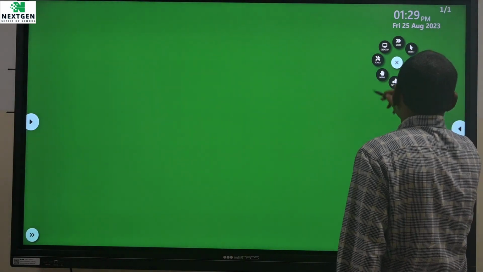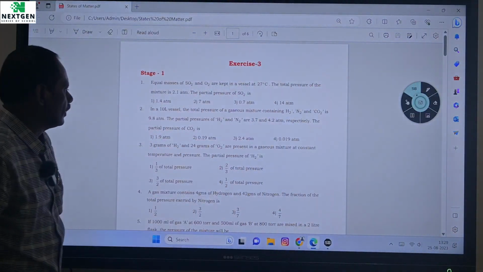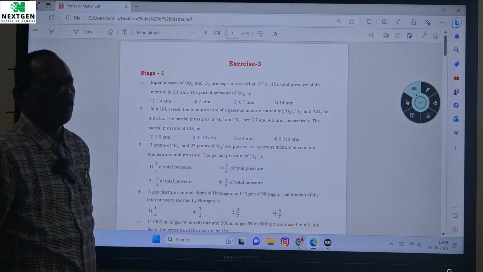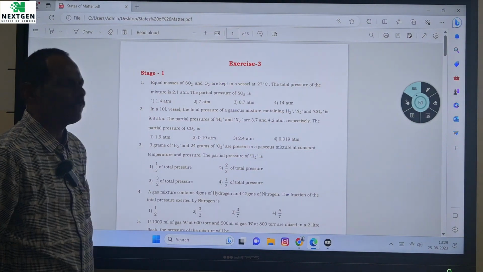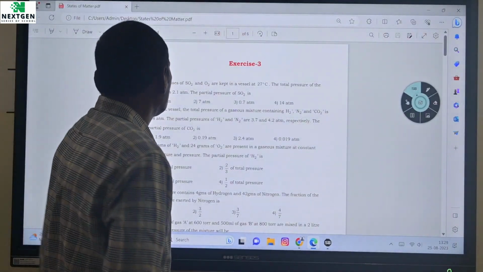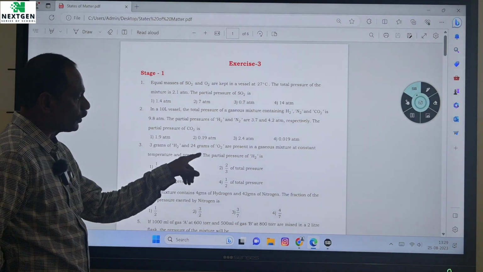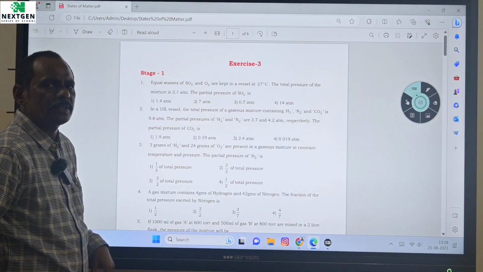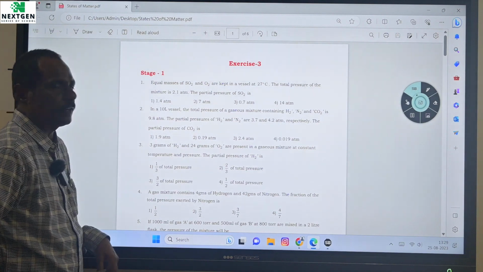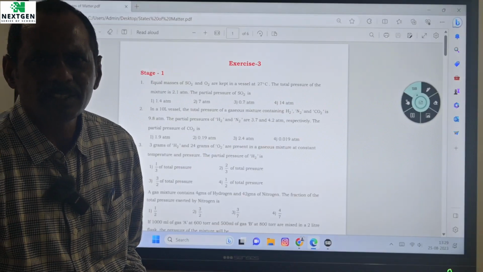Then coming to the third one. 3 grams of hydrogen and 24 grams of oxygen are present in a gas mixture at constant temperature and pressure. The partial pressure of hydrogen is, it's very simple.